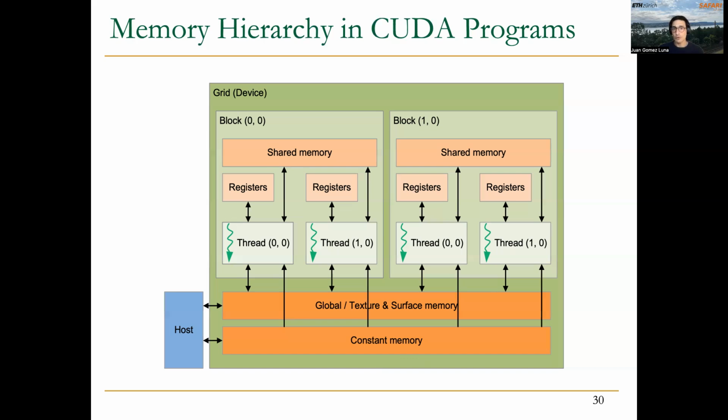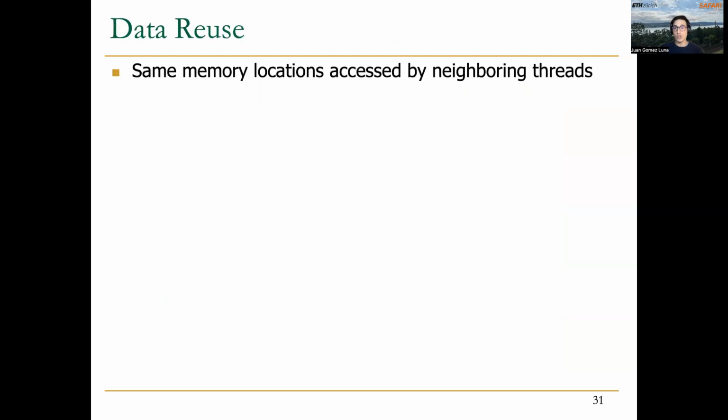For now, we are going to talk about the shared memory, and we are going to see how different threads can share data allocated in this shared memory and can communicate using this shared memory. The shared memory is going to be especially useful when we have data reuse inside the same thread block.